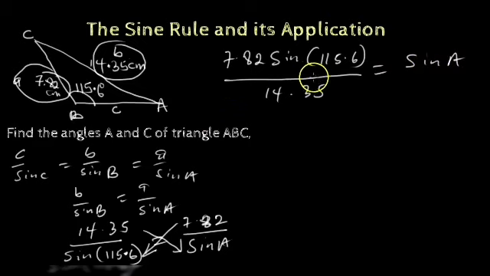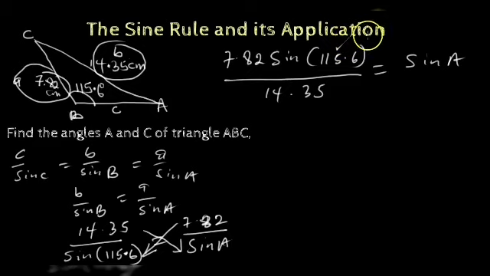Now, if you had followed us when we dealt with trigonometric quadrants, you know that the sine of 115.6 is the same thing as sine of 180 minus 115.6, which is sine of 64.4. And 115.6 falls in the second quadrant, and sine is positive in the second quadrant.